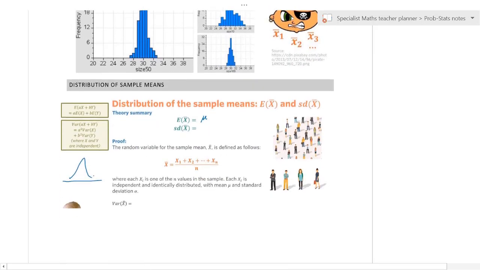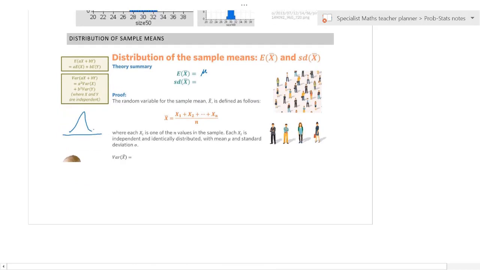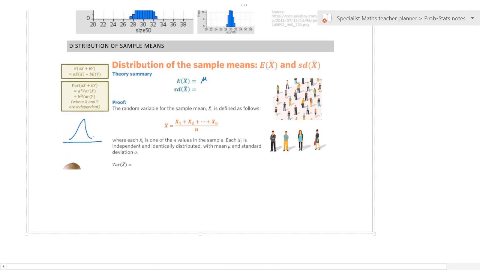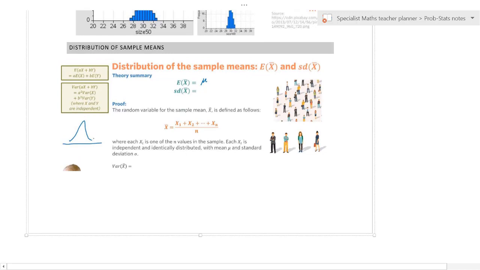Okay, now when we're talking about means, if I want the expected value E of X bar, that is the expected value of a sample.